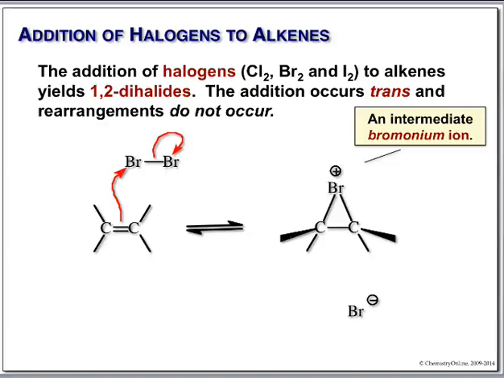Now the second step is going to be this Br minus attacking this. Remember I said that we always get trans addition. The reason we get trans addition is that, remember how big bromine is? It's big, isn't it?